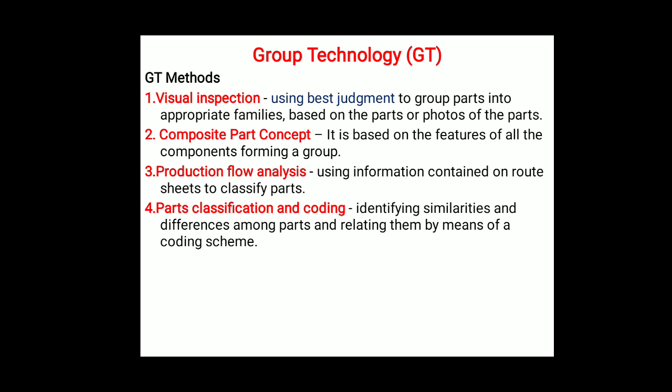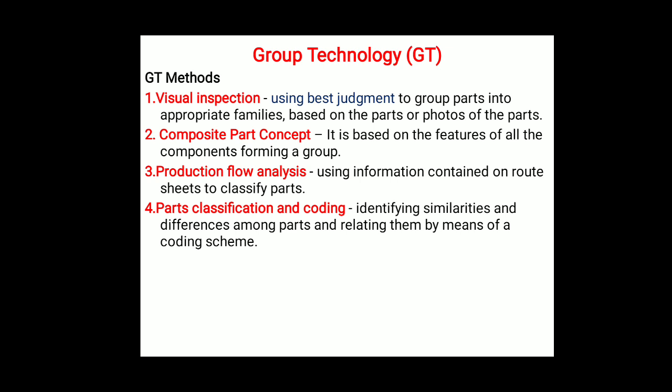By using our naked eyes, we can visualize the parts and separate similar parts into different groups as per geometrical size and shape. We just identify them by using our eyes and create the separate groups.